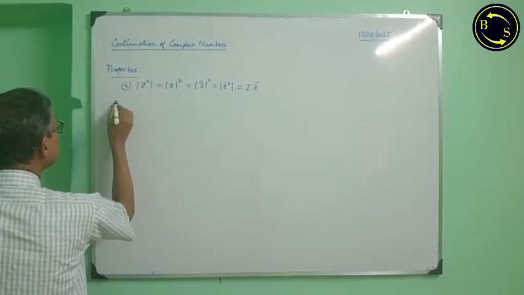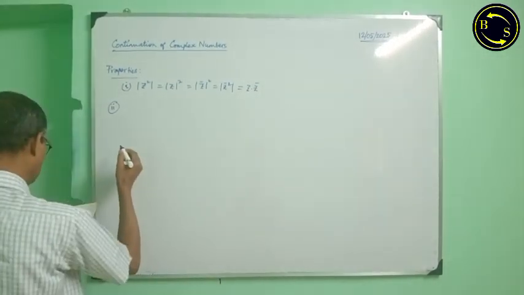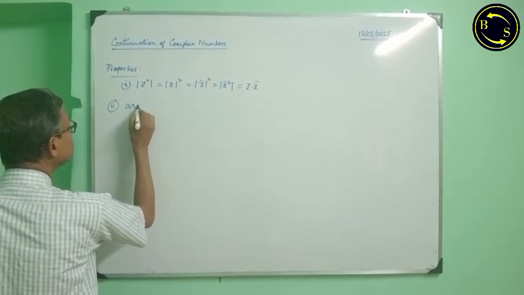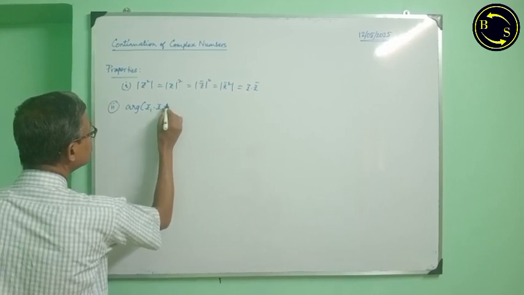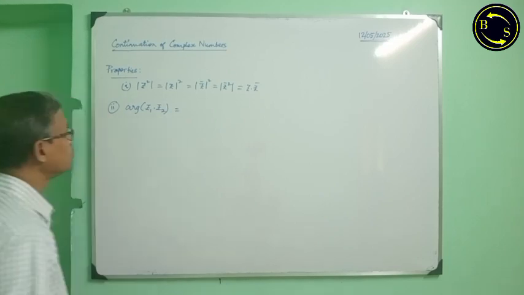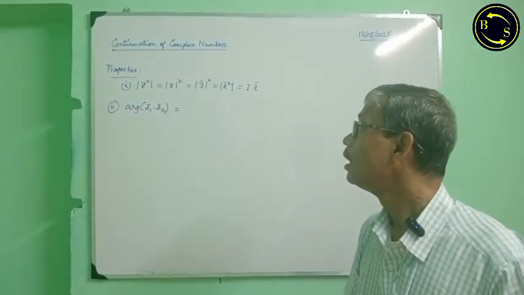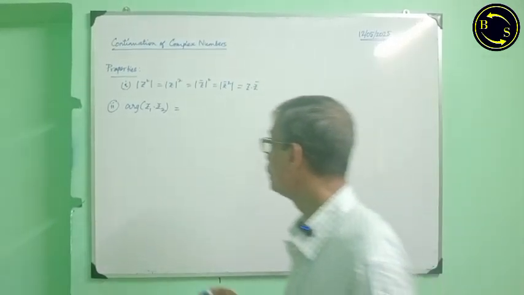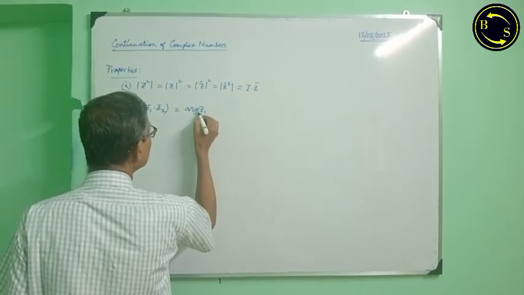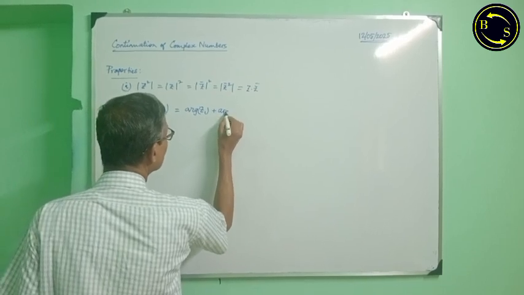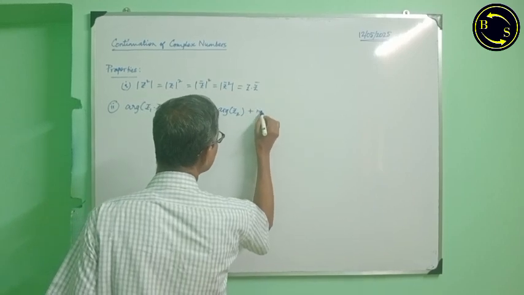Then properties related to amplitude or argument. Number 2: the argument of the product of the complex numbers z1 and z2, that is argument of z1 into z2, is equal to argument of z1 plus argument of z2 plus m.